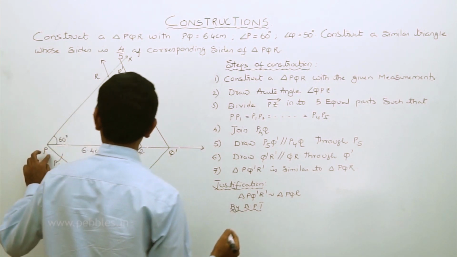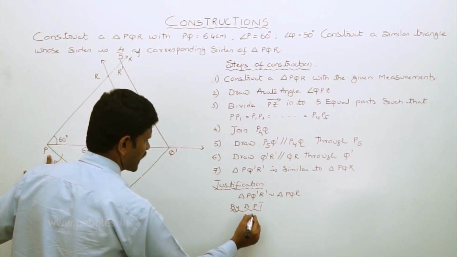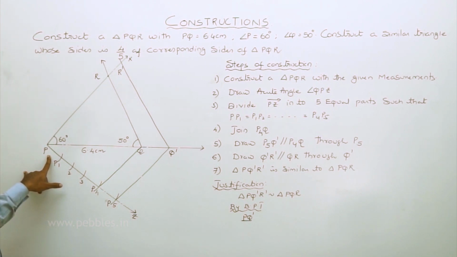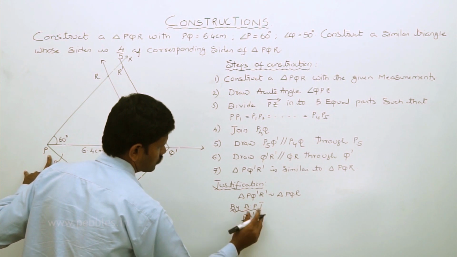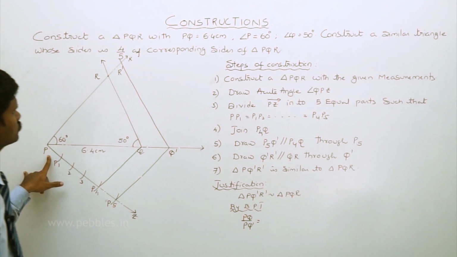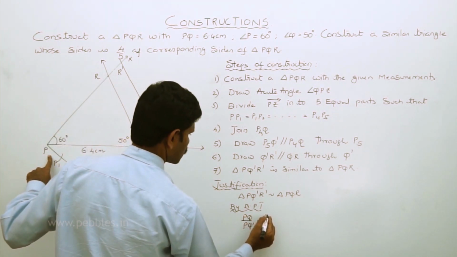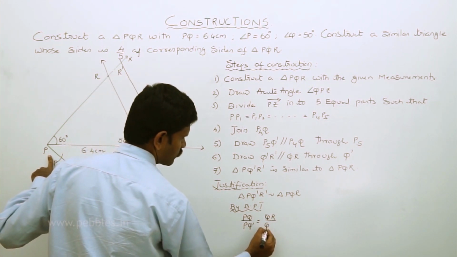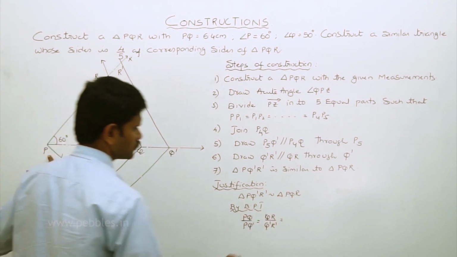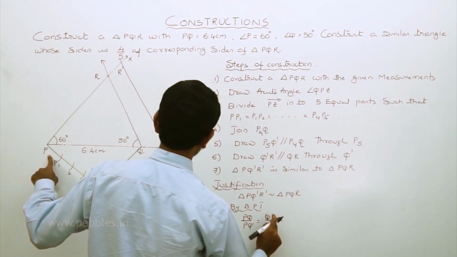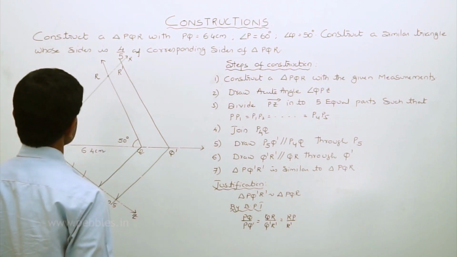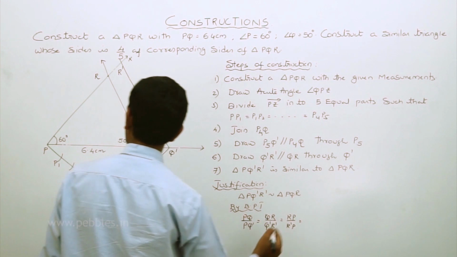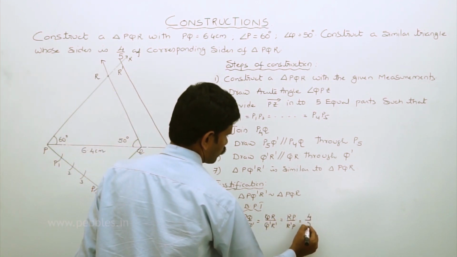Therefore PQ'/PQ is equal to Q'R'/QR is equal to R'P/RP is equal to 4 by 5. Let us see the next problem.